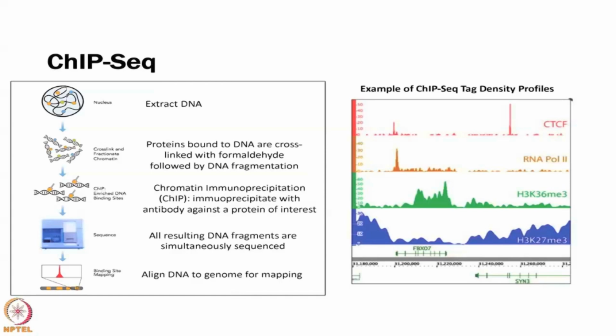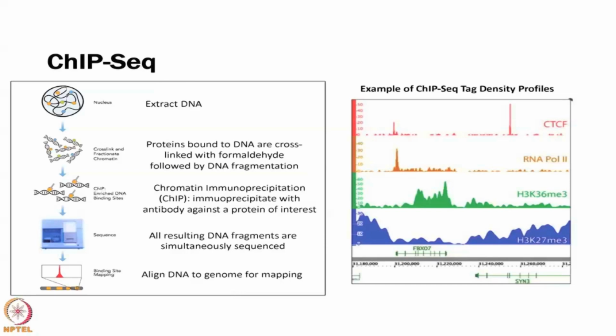You pull down some of the protein within your sample that's attached to a DNA sequence, and then you take the DNA fragments that were attached to that protein, sequence them and align them to the DNA. So for whatever protein you're interested in, these are the sequences that it's interacting with.